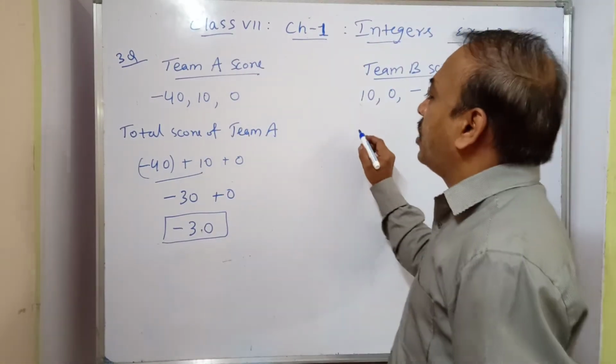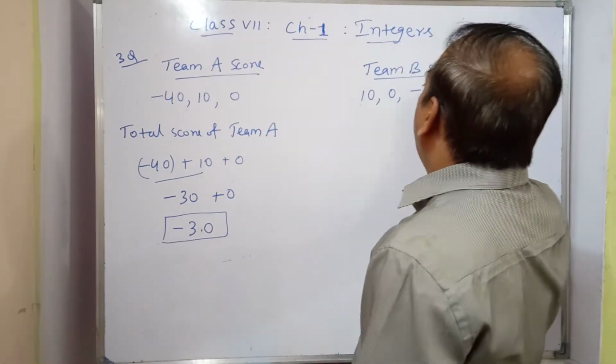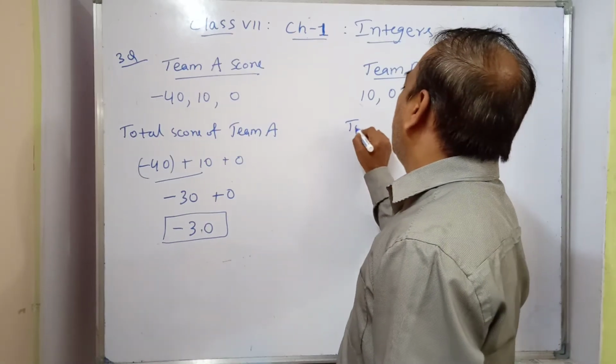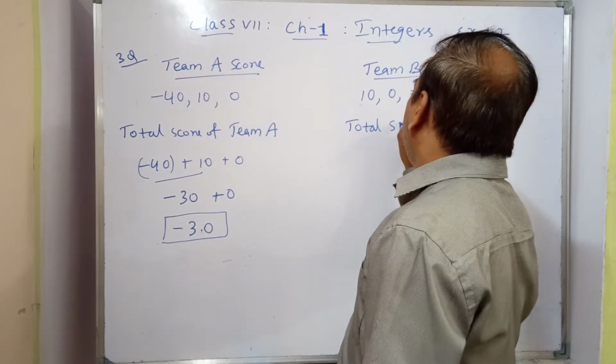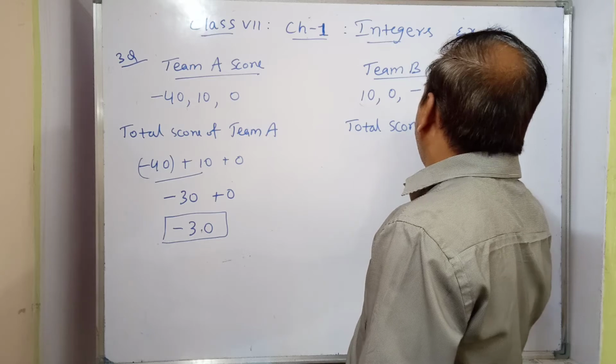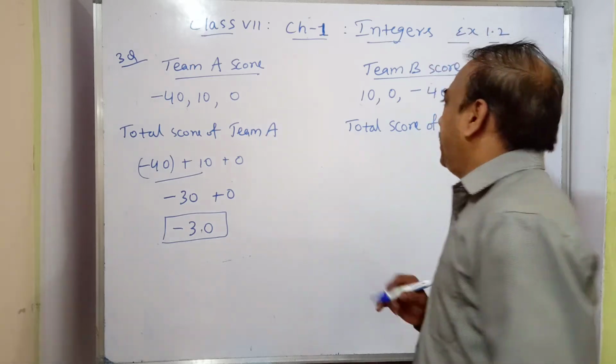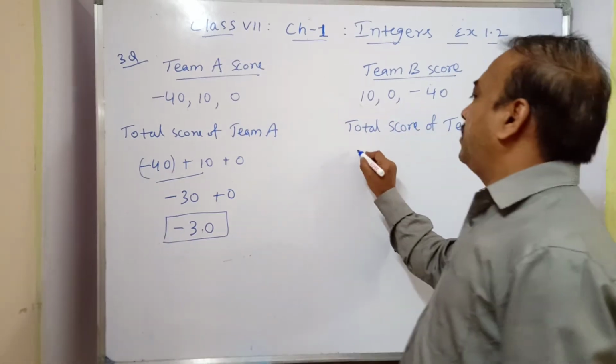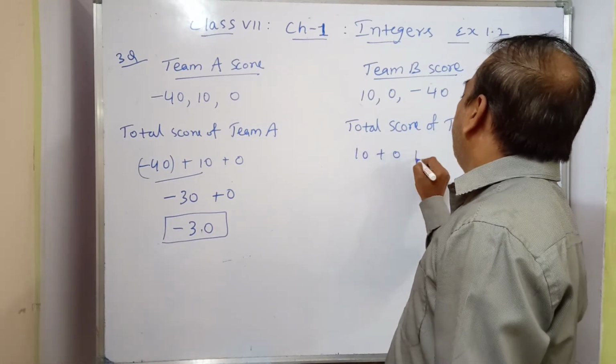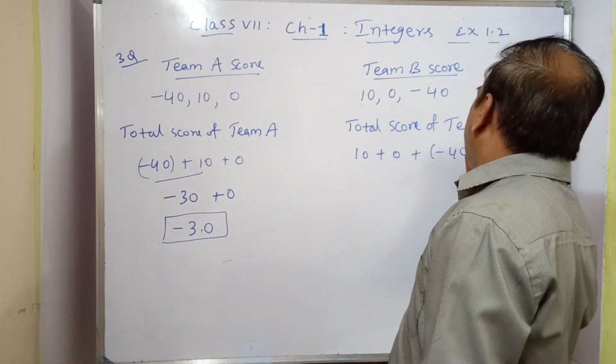Now the total score of team B: 10 plus 0 plus minus 40.